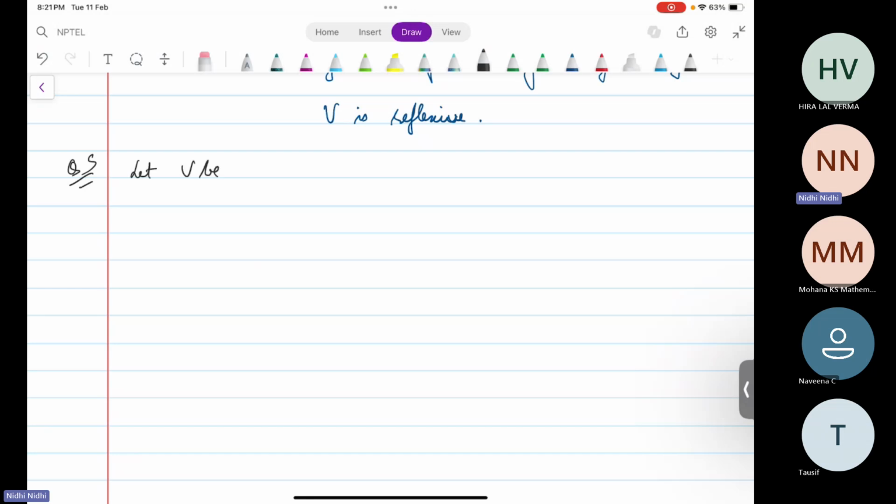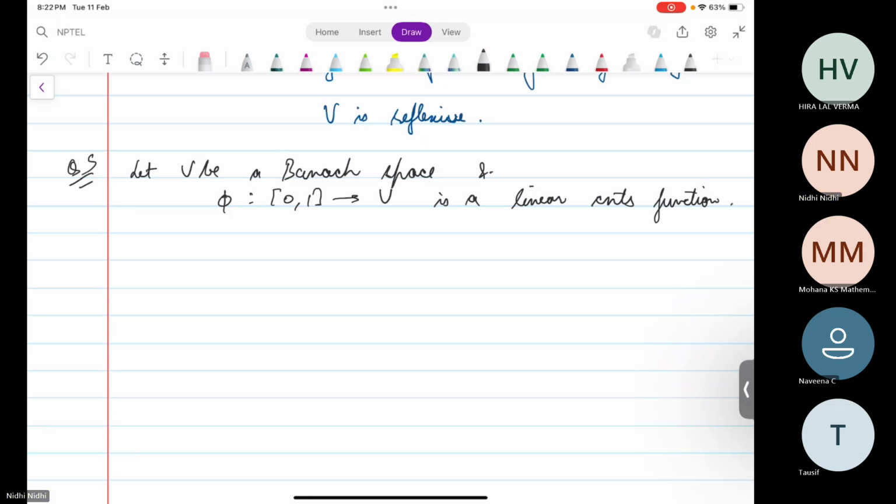Let V be a Banach space and phi from 0,1 to V be a linear continuous function, then the limit as h tends to 0 of 1 by h times the integral from t to t plus h of phi s ds is equal to phi t for every t in 0 to 1.